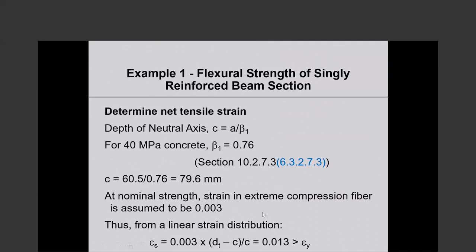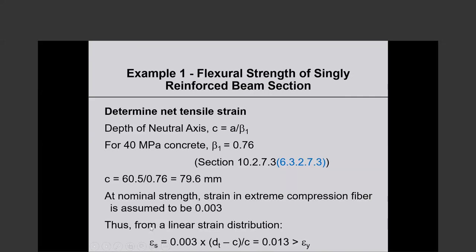At nominal strength, strain in extreme compression fiber is assumed to be 0.003. So from a linear strain distribution, which we are postulating, the tensile strain in the reinforcement comes out to 0.013, which is larger than epsilon sub y.